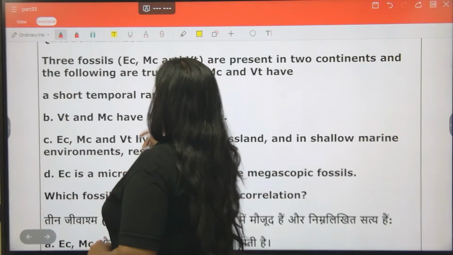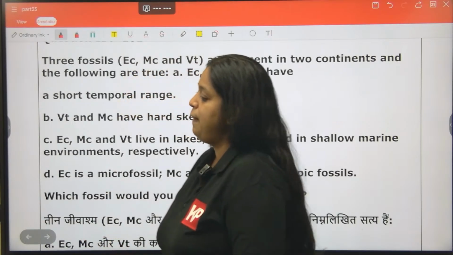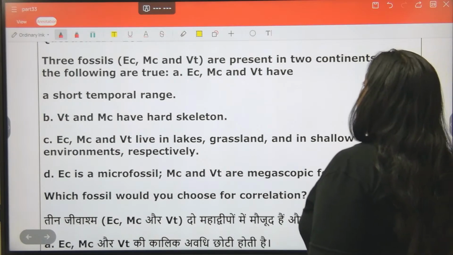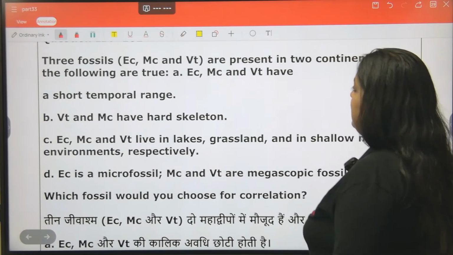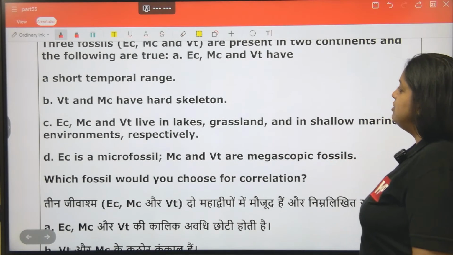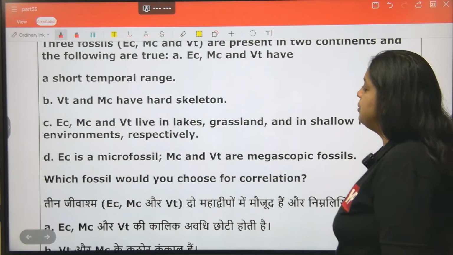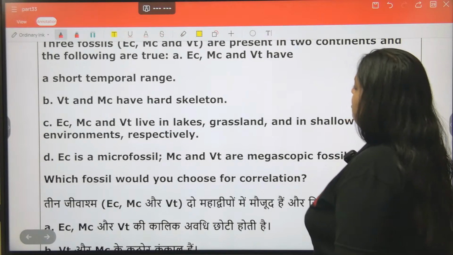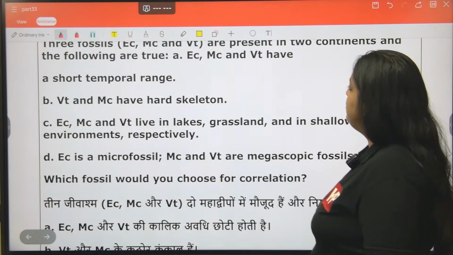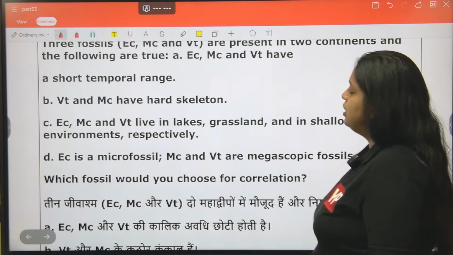Next one. Three fossils EC, MC and VT are present in two continents and the following are true. First, EC, MC and VT have a short temporal range.